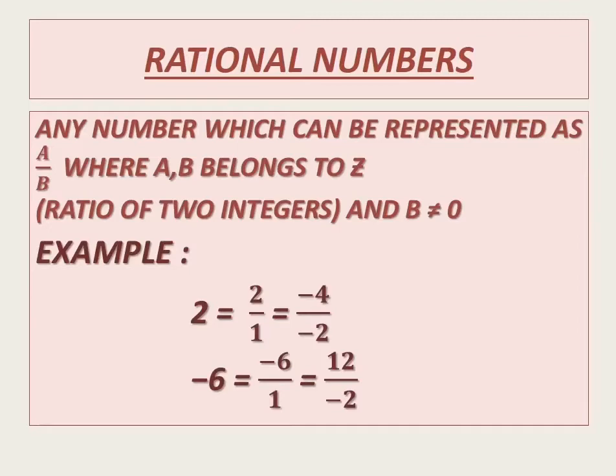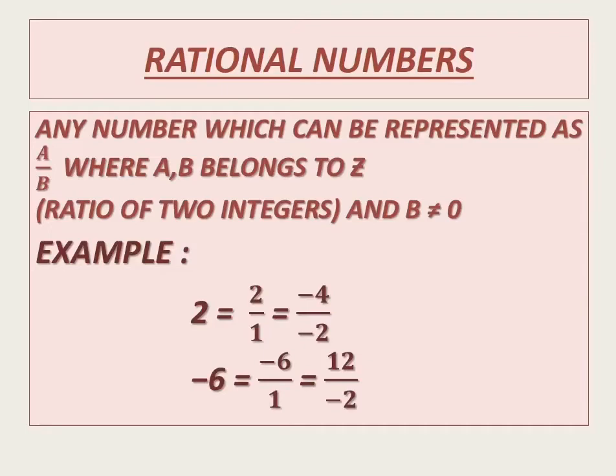Similarly, 12 over -2 is also equal to -6. It means this is an integer, this is an integer. Similarly, all the other integers can be represented as a ratio of two integers, right? Now guys, this is clear that all the integers are rational numbers.